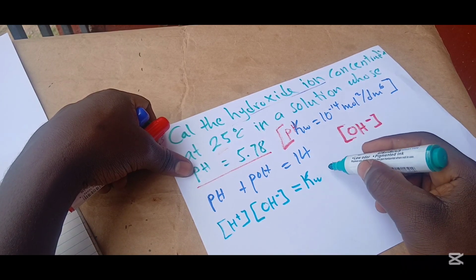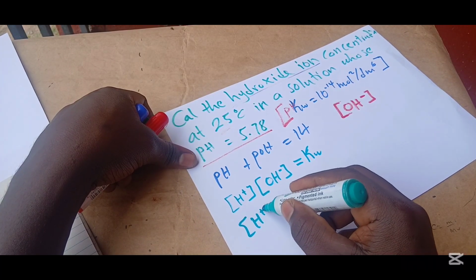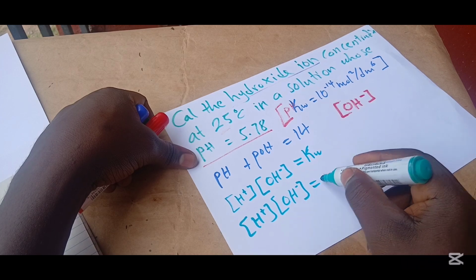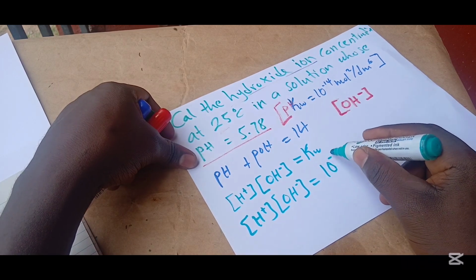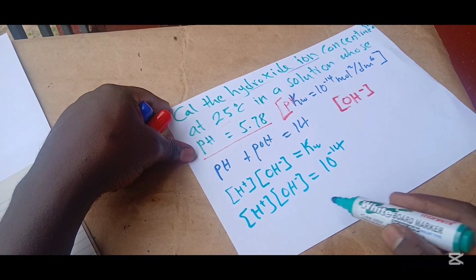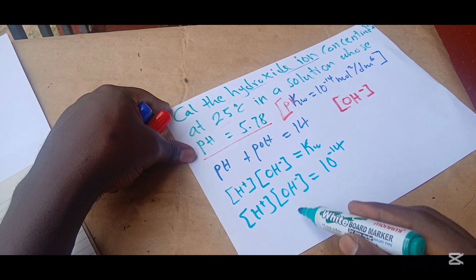And Kw is the same as 10 to the power minus 14. So the hydrogen ion concentration multiplying the OH ion concentration should be equal to 10 to the power negative 14. So it means if we know the concentration of one of these, we will be able to calculate for the other one.